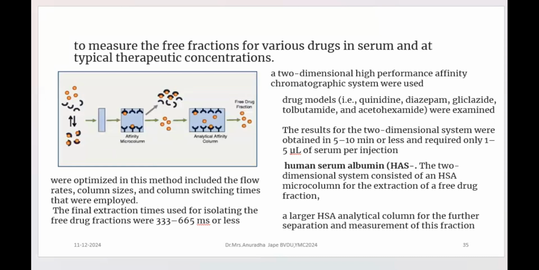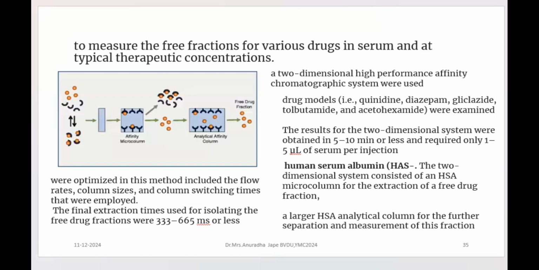And then you are going to go for the analytical column, which is again a human serum albumin analytical column, for further separation and measurement of the fraction. So protein, and here it is albumin that you are talking about. The interaction of that albumin protein should be there when you are talking about an affinity chromatography system to be utilized.